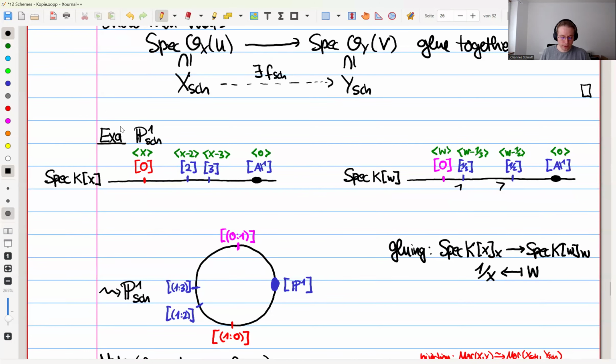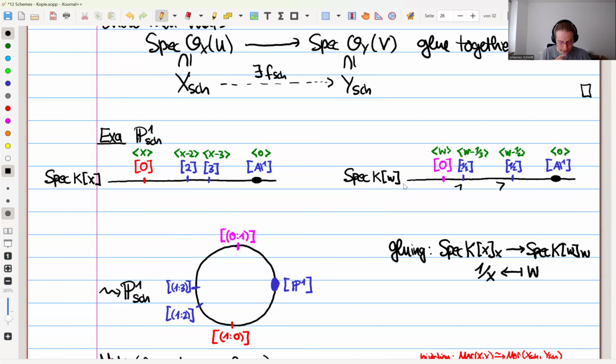Namely, P1 has this cover by two copies of A1, which are these charts U0 and U1. And A1 has coordinate ring, just a polynomial ring in one variable. And so what the recipe above tells us is that we should take the spectrum of this ring, another spectrum of this ring, and then glue them together along the overlap. All right, so this would be the first idea.